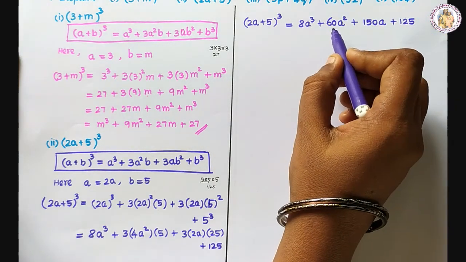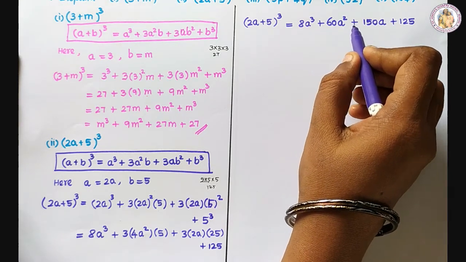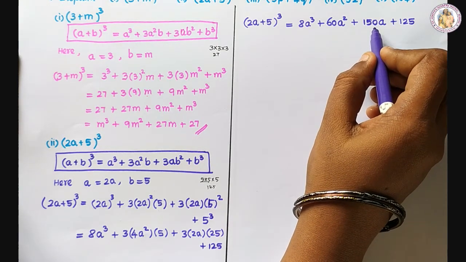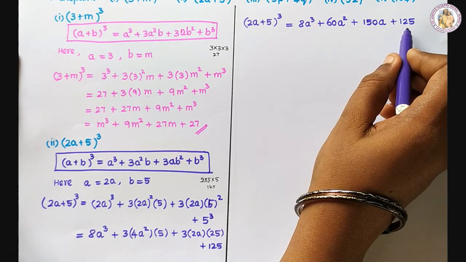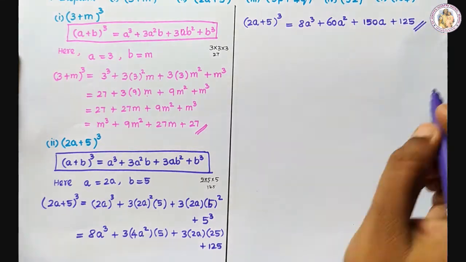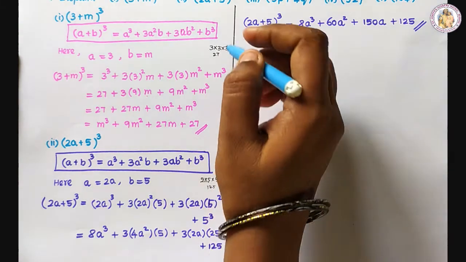So 8a cube, then the a square term 60 a square plus 150 a plus 125. That is the answer.